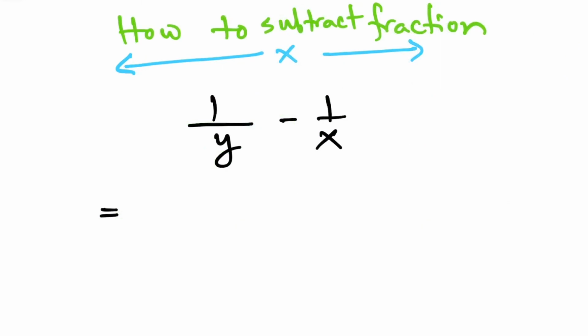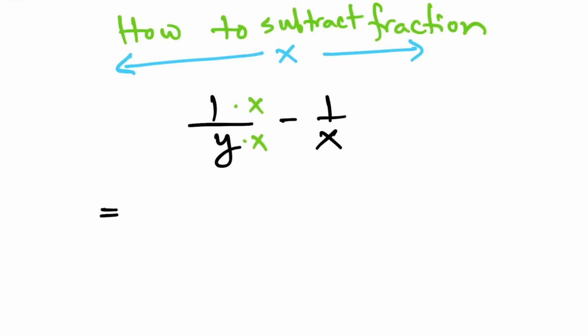When you subtract this fraction, 1 over y minus 1 over x, I will give you 10 seconds to think about the problem. If you want to add or subtract any fraction, you need to make sure you have the same denominator, okay?